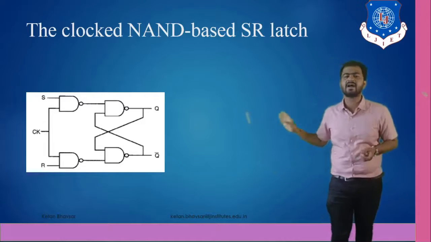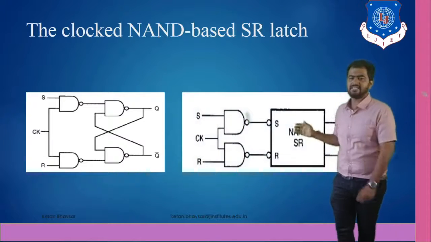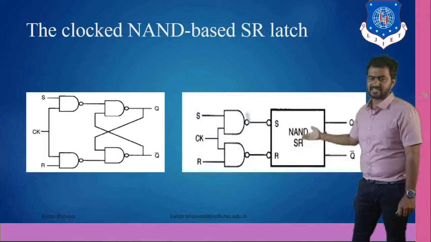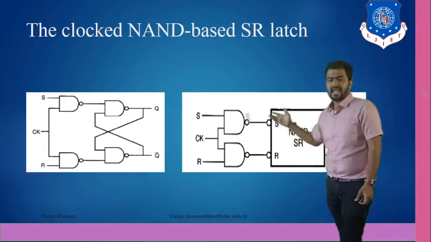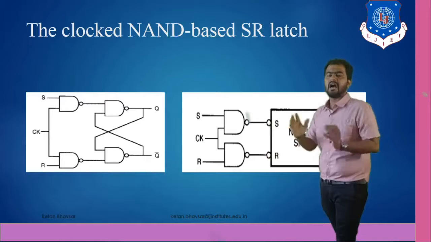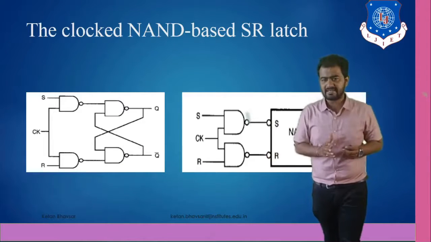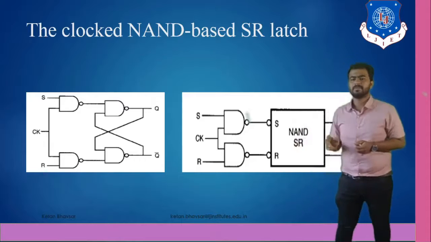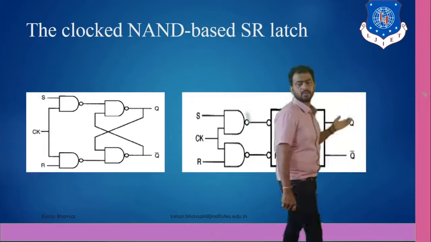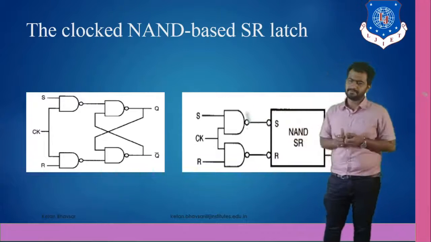So this is the diagram of the clocked NAND gate based SR latch, and as you can see it looks like this, because we have already done the NAND gate SR latch and we just add this circuit of 2 input NAND gates. That is how we can convert a NAND gate based SR latch into a clocked NAND gate SR latch. Okay. As you can see on this side, it's Q and Q bar. Similarly, you can see Q and Q bar over here.